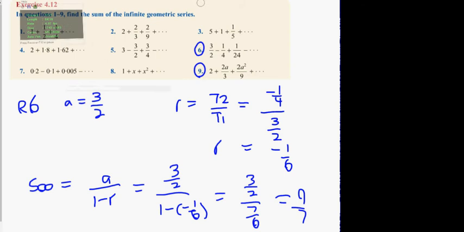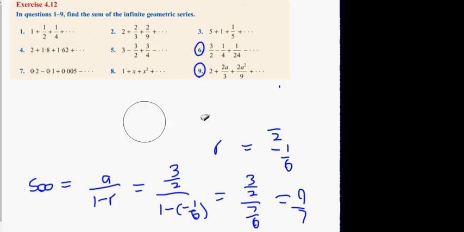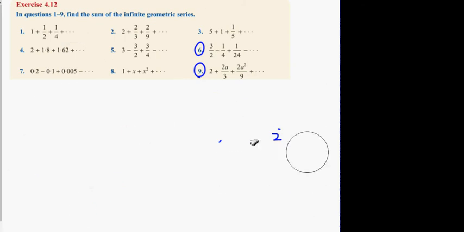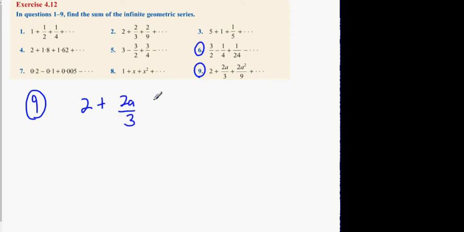Okay. So the next one then is question 9. Question 9 is going to be 2 plus 2a over 3 plus 2a squared over 9, plus dot dot dot.